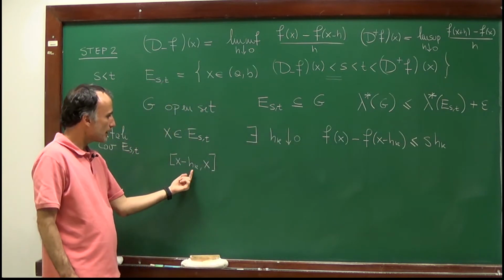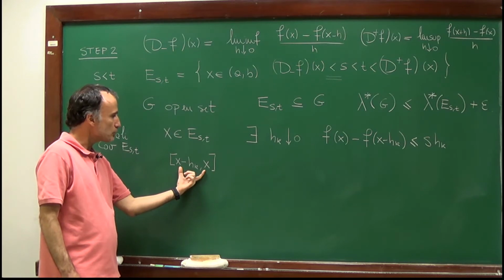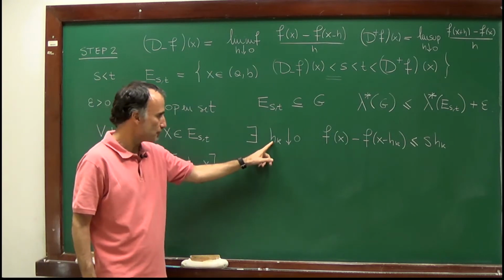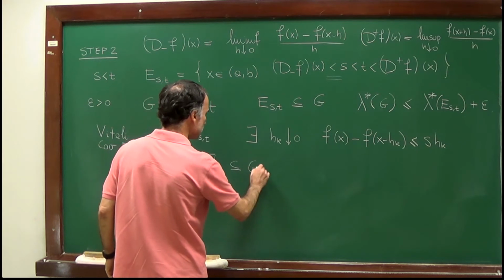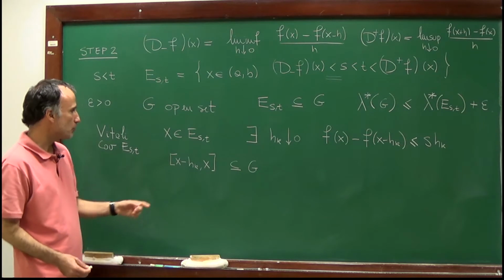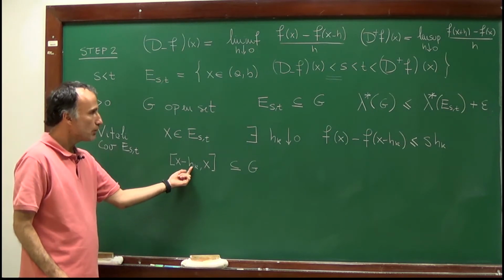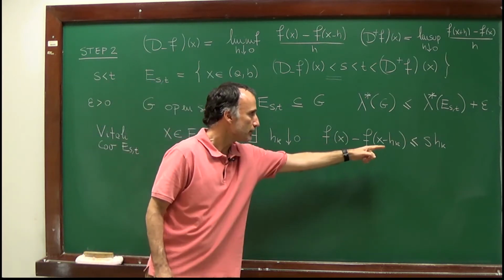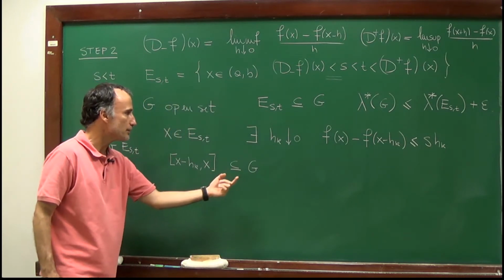This means that for k sufficiently large, or h sufficiently small, these intervals will be all contained in G. So I'll keep from this sequence only those which are contained in G. Okay, so my Vitali covering will be formed by all points x in E_s and all h_k for which this inequality holds and for which this interval is contained in G.